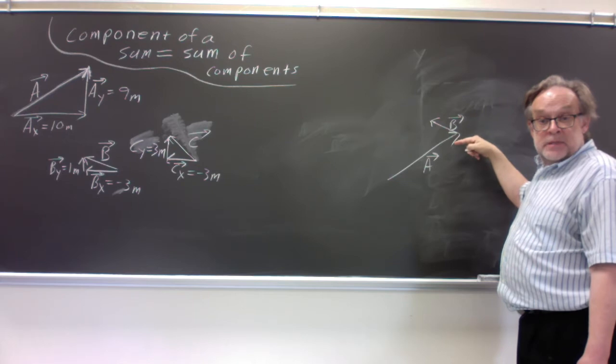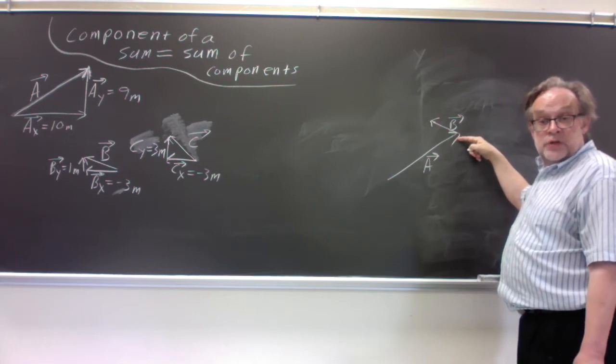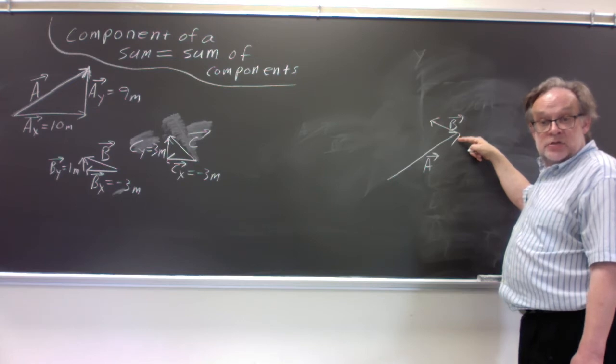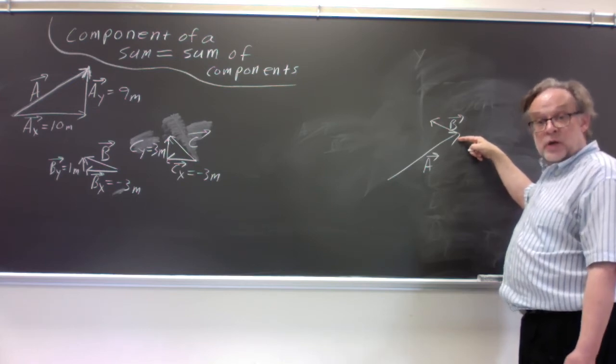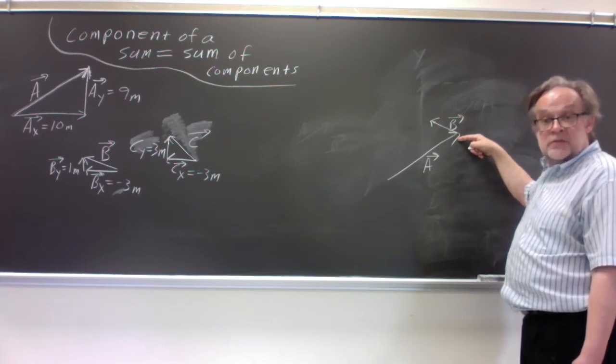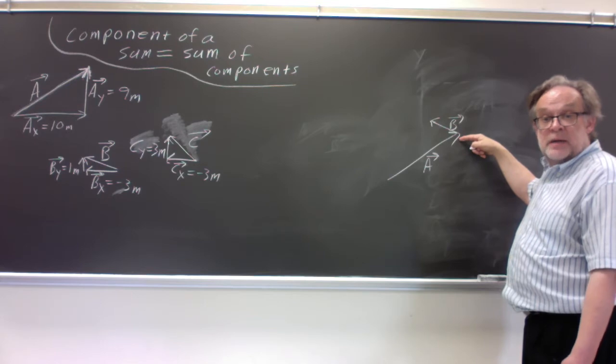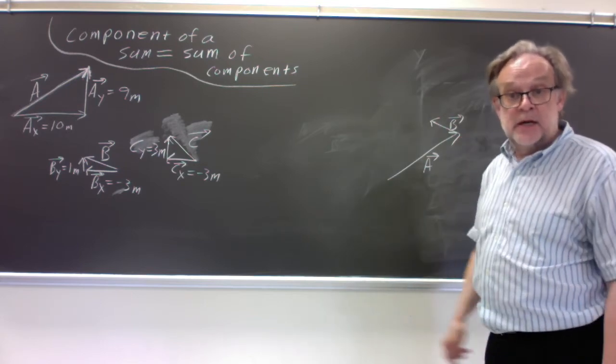Since they're displacements, this is the final location when you're finished with displacement A, but then this point here becomes the initial location for displacement B. And an initial location of a displacement is represented by the tail of the displacement arrow.